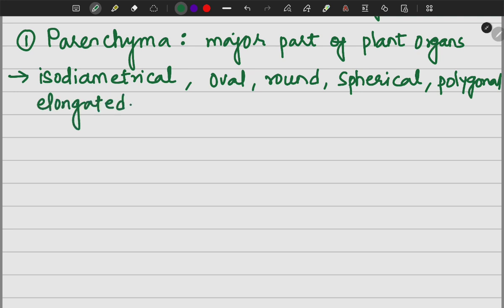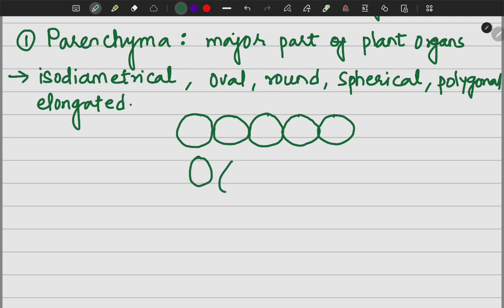So isodiametrical means the diameter of the cells will be similar. The parenchymatous cells are isodiametrical, that means their diameter or radius will be equal. Then they could be spherical, oval, polygonal, and they can also be elongated like this. They form the major part of the plant organ.